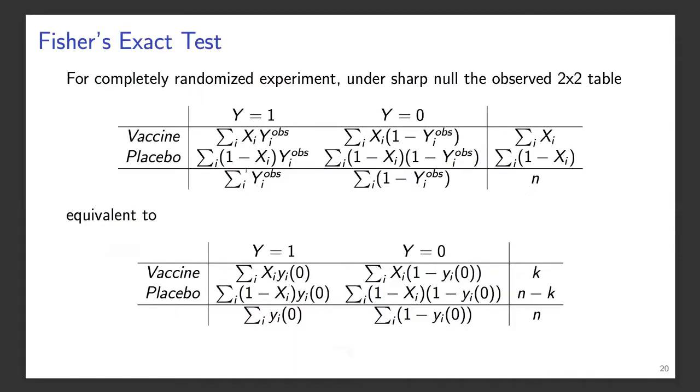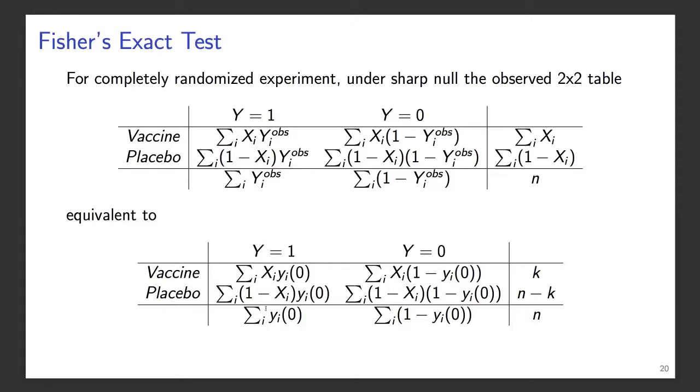If you write down your 2x2 table, say this is a randomized experiment with some individuals receiving vaccine, others receiving placebo, I've just written out the 2x2 table generically. Under the sharp null, you can replace the y-obs with y-naughts. The row totals here would be fixed because we're doing a completely randomized experiment.